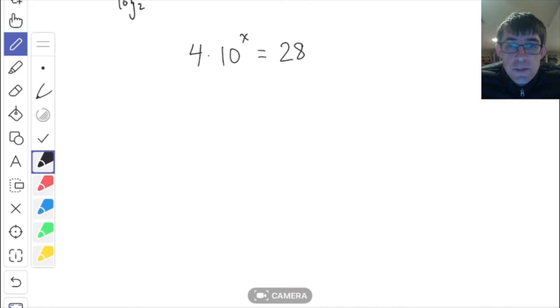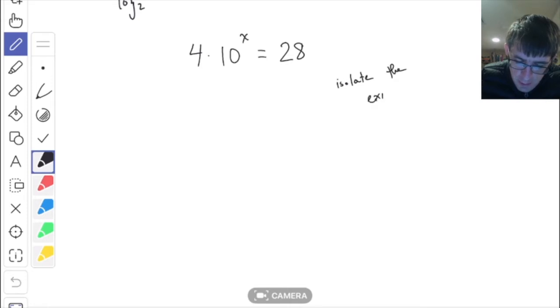What you should be looking to do in a problem like this is take the natural log on both sides, which allows you to move the variable out of the exponent and into a coefficient, and then you can solve for it in the usual way. But before you do that, you should isolate the exponential part, which in this case is the 10 to the x.